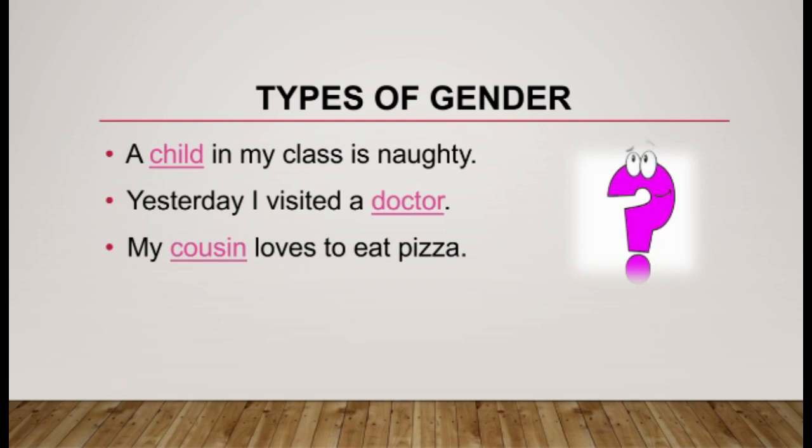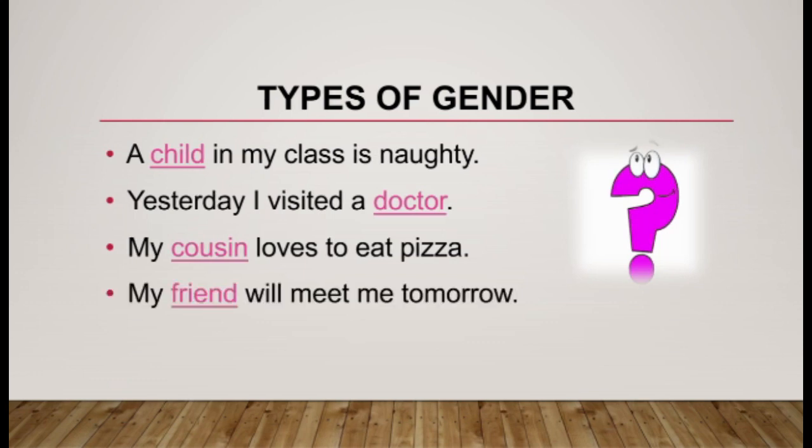We cannot tell. The last sentence is, my friend will meet me tomorrow. Can you tell the gender of the friend? Is it a female friend or is it a male friend? No, it is not specified. So we are not sure.